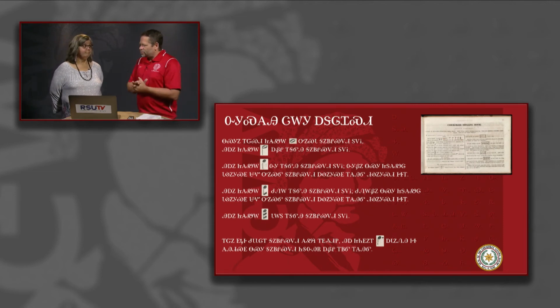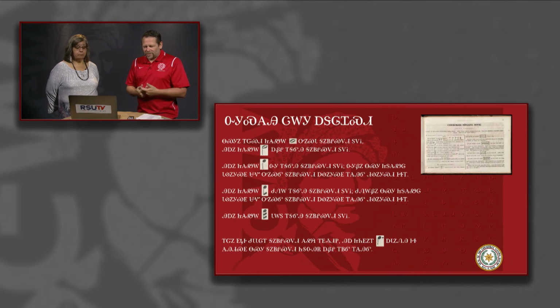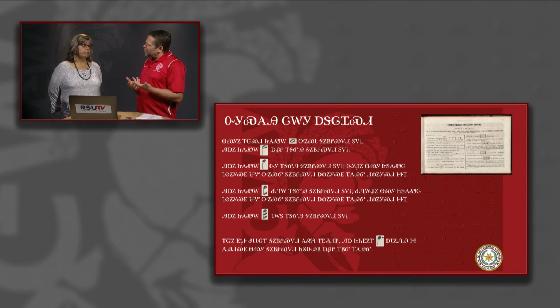So I think that's really important for people to understand. I know when I was a kid growing up, my one aunt, Cherokee was her first language. Sometimes I had a hard time understanding the way her brain worked, because as a kid you just don't think about those things.